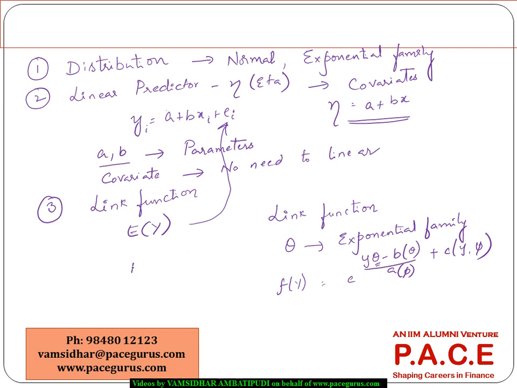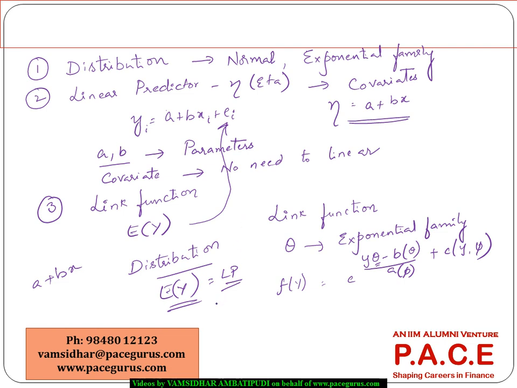For different kinds of distributions, we may have different kinds of link functions coming up. But this is the one that links the mean response, which is the expected value of y, to the linear predictor. In the case of a normal distribution, the expected value of y is the same as the linear predictor, because the linear predictor here is a plus bx, and the expected value of y is also a plus bx.